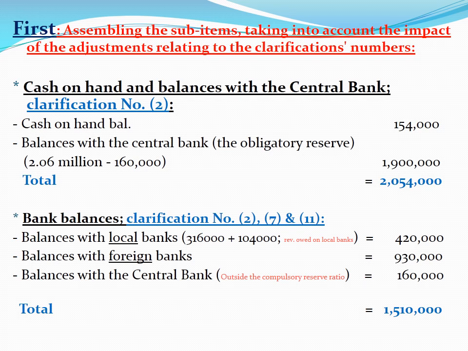There is accrued current expenses, 6,000. So to the current expenses, we have to add 6,000. Then we have to record these 6,000 in the liability side of the balance sheet, or the liability part of the financial statement, in the other credit balances.